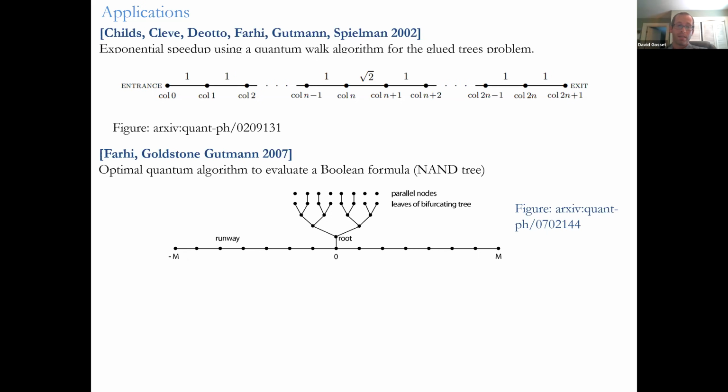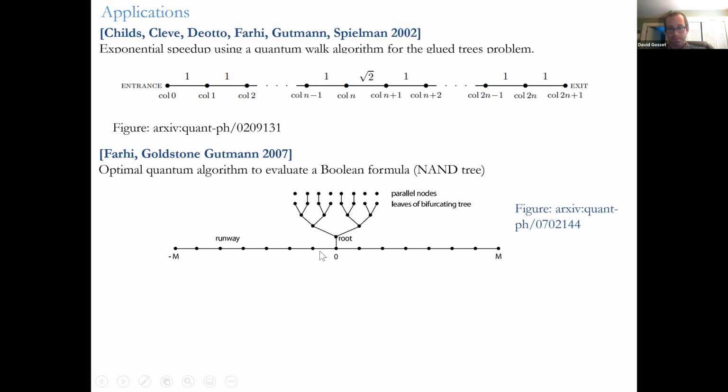And Farhi, Goldstone, and Gutmann showed that you could design a graph, and this is a picture from the paper, that describes the kind of graph they consider, where you have an obstacle in the middle, and you attach very long paths, which they call runways, on the left and right.